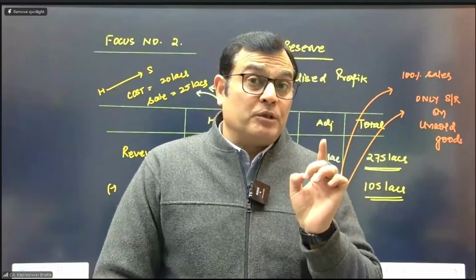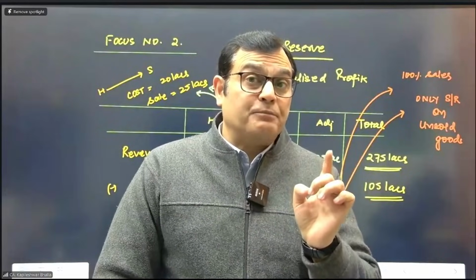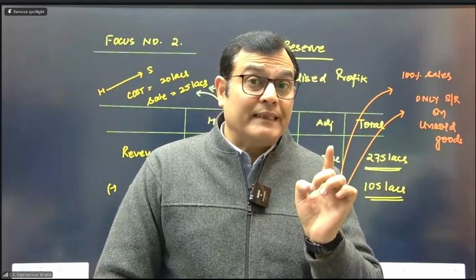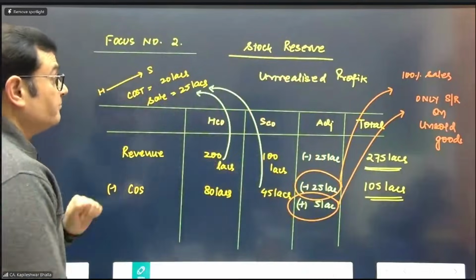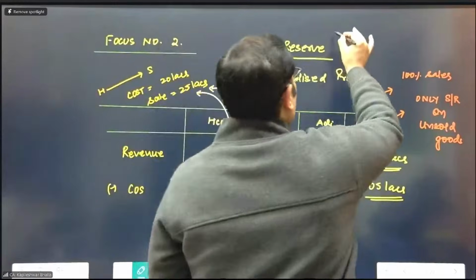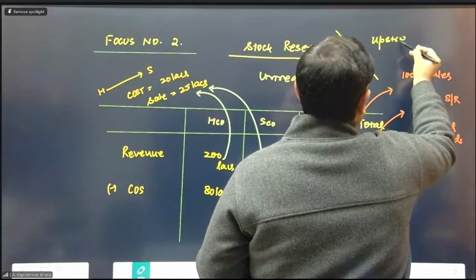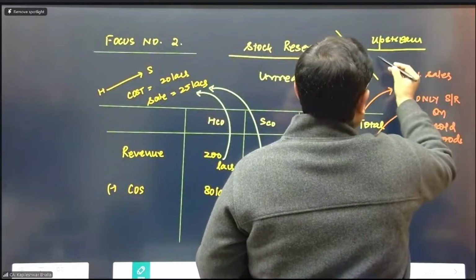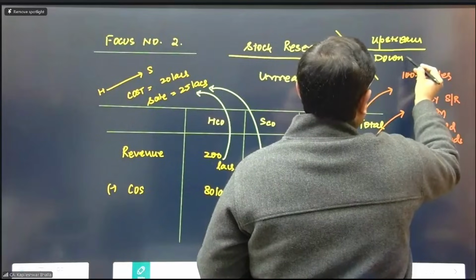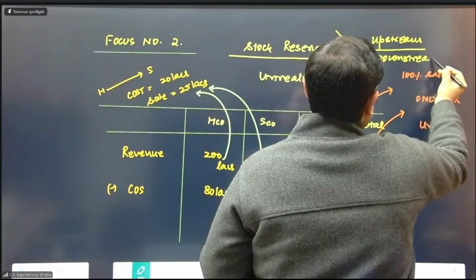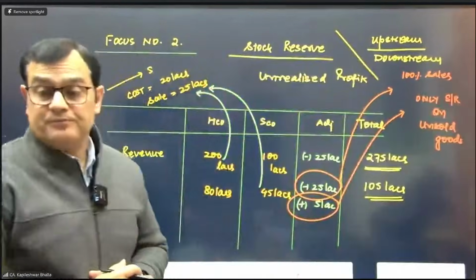And this treatment would remain the same whether it is upstream or downstream in nature. Let me also make this very clear that this treatment as of now remains the same whether it is an upstream transaction or a downstream transaction. That would not make any difference in this case.